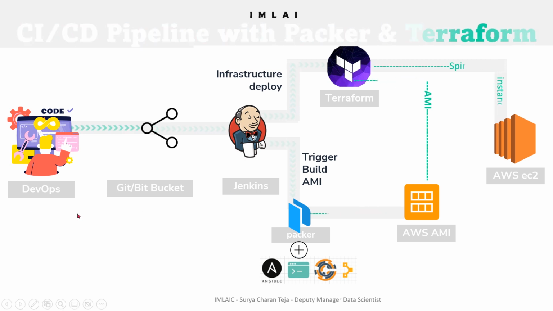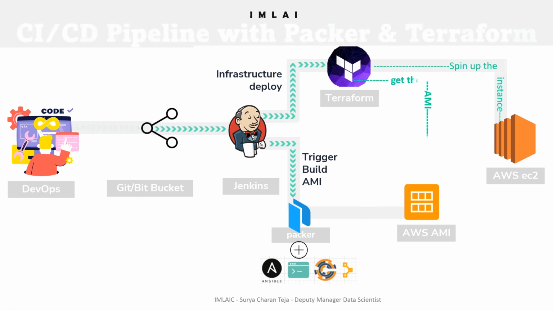So you make changes to your HCL template. You have added a new provisioner, some new activities to your template. Then it will be pushed to the code repository through Git or Bitbucket. Then Jenkins comes into action once the code has been committed to the code repository.